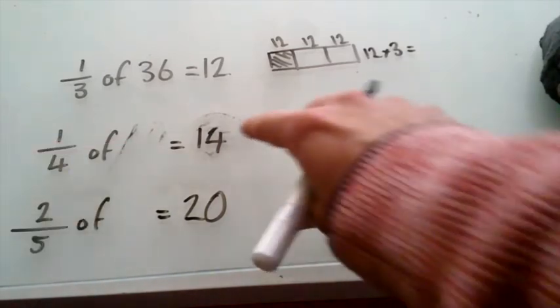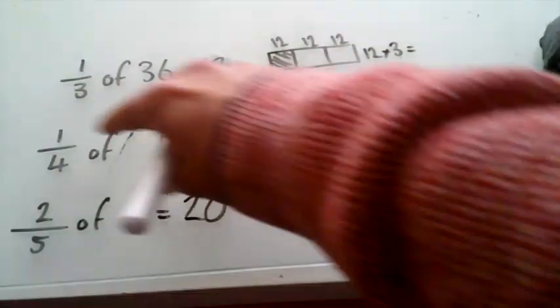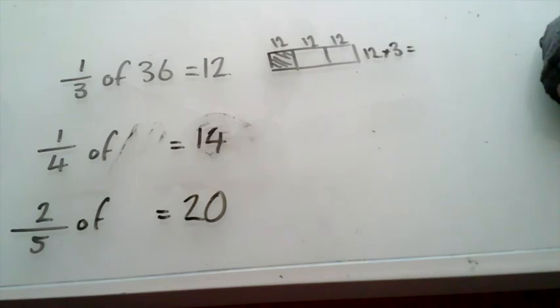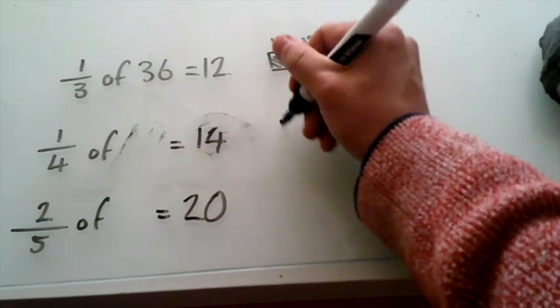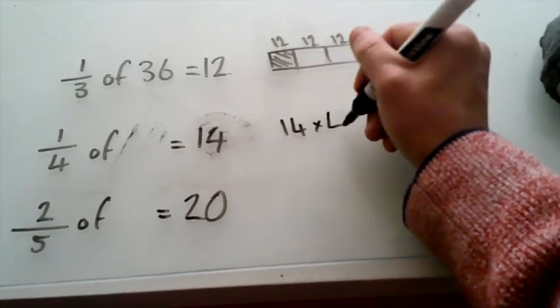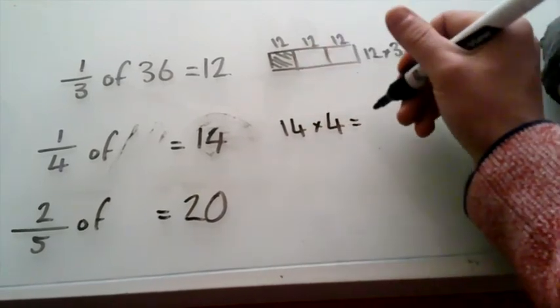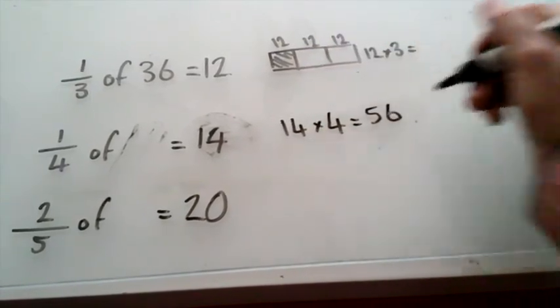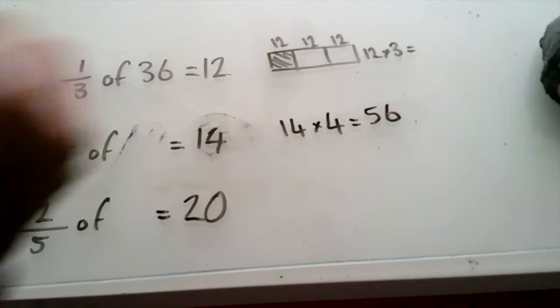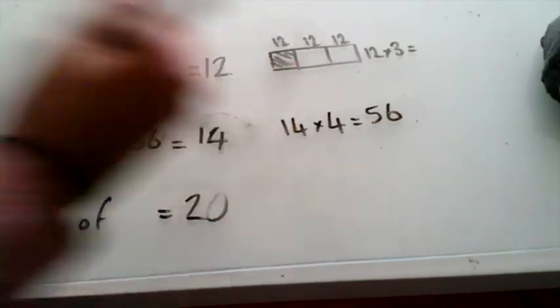So we do 14 divided by 1, which equals 14. 14 then times by 4. So 14 times by 4, which will give us 56. So our answer would be 56.